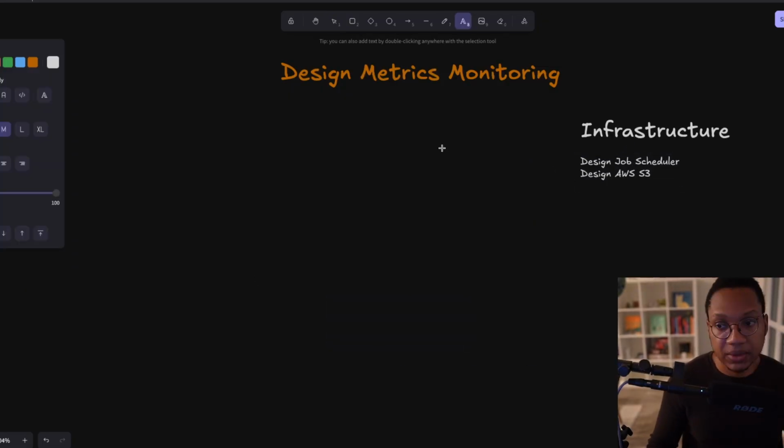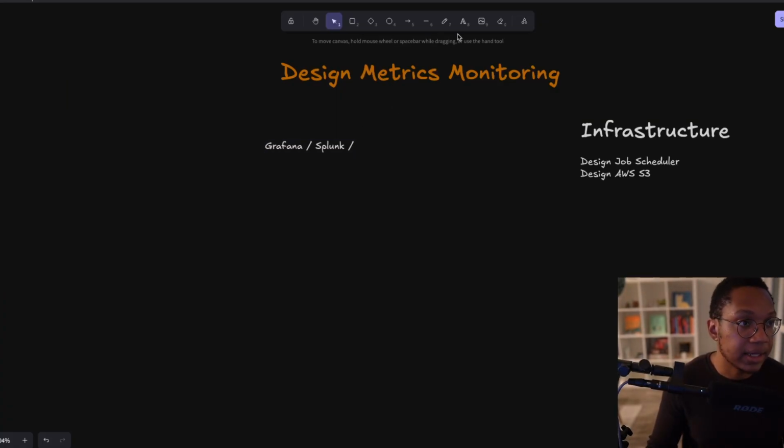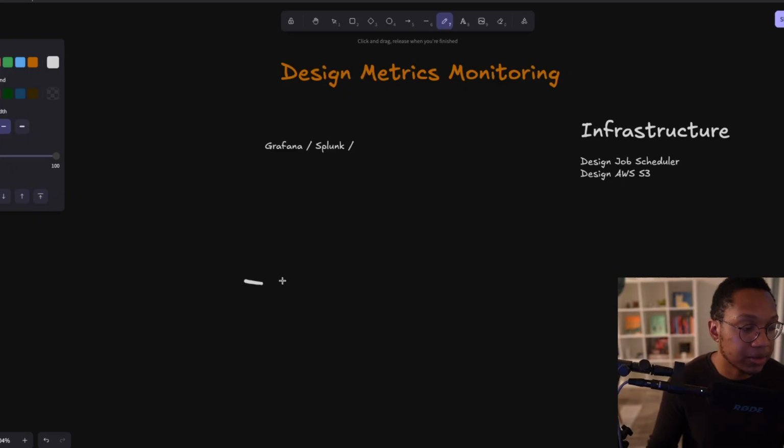Now, the second thing that we're going to do before that is let's talk about what metrics and monitoring is. I don't know if you guys have heard of Grafana. That's really popular, or Splunk, or some other data querying things. Essentially these are used for monitoring applications. If there's a server spike, they'll monitor CPU usage, they'll monitor RAM for all the applications, and they'll have all of your logs that you can see.